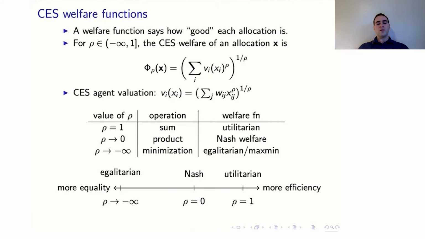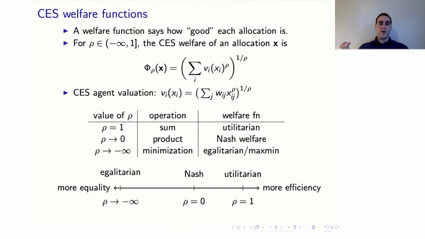We can put these on a sort of plot where we think of egalitarian as only caring about equality. When you're maximizing the minimum utility, you're essentially going to end up with a situation where everyone has the same utility. And we can think about utilitarian as the opposite extreme, where you only care about efficiency. And what CES welfare does is it creates this smooth continuum all the way from pure equality to pure efficiency.